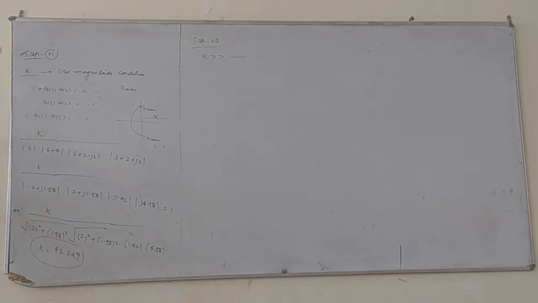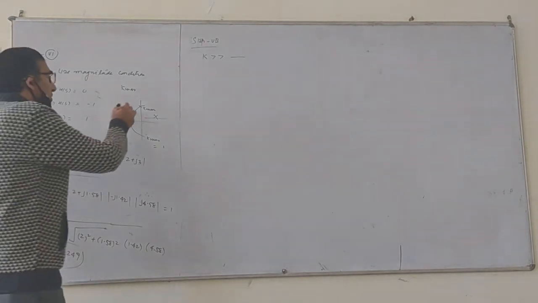A branch of the root locus that terminates on zeros at gain k equal to infinity approaches asymptotes in doing so.